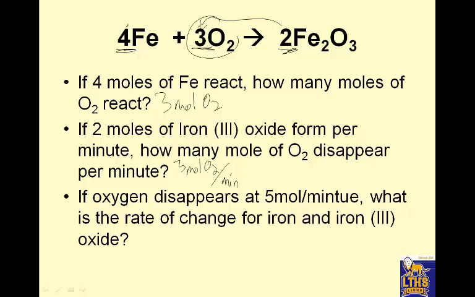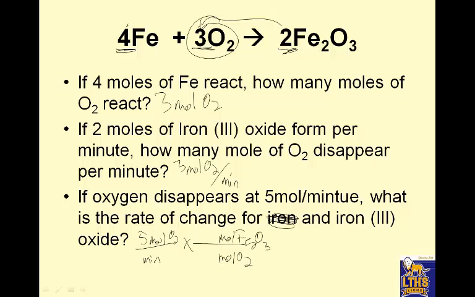If oxygen disappears at 5 molar per minute, what is the rate of change for iron and iron 3 oxide? Well, I'm just going to do iron 3 oxide because that's more fun. So this one's a little bit different because I can't look right at the coefficients to get it. So moles of O2 and moles of Fe2O3.